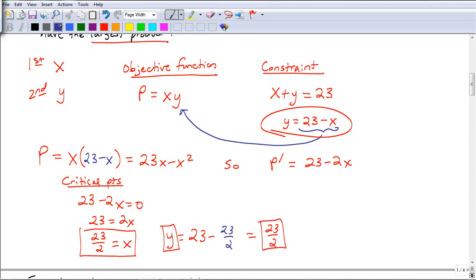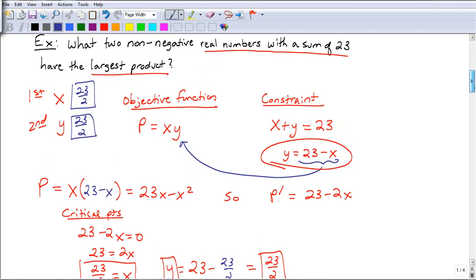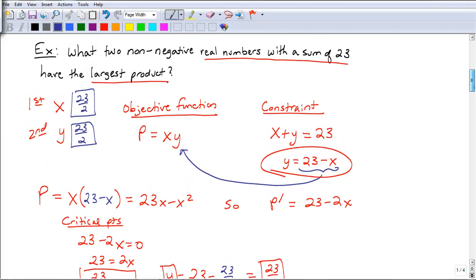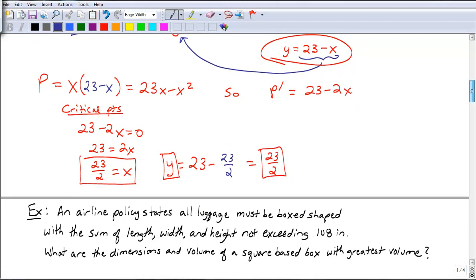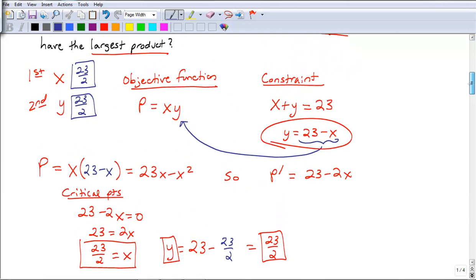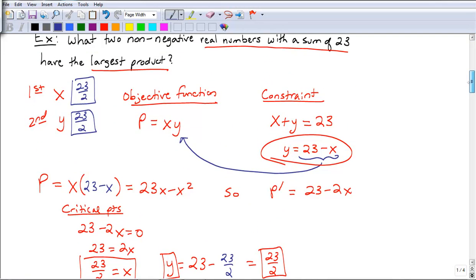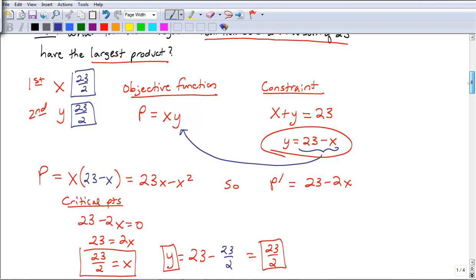So the first number is 23 over 2, which is 11.5, and the second number is 23 over 2. So notice that it's a square is what this kind of tells us. If you want the biggest product, the sum you can think of as similar to a perimeter. But in this case, I solved the constraint for y, plugged it in, and took the derivative, and I maximized it. x is 23 over 2, y is 23 over 2. That's as big as possible.